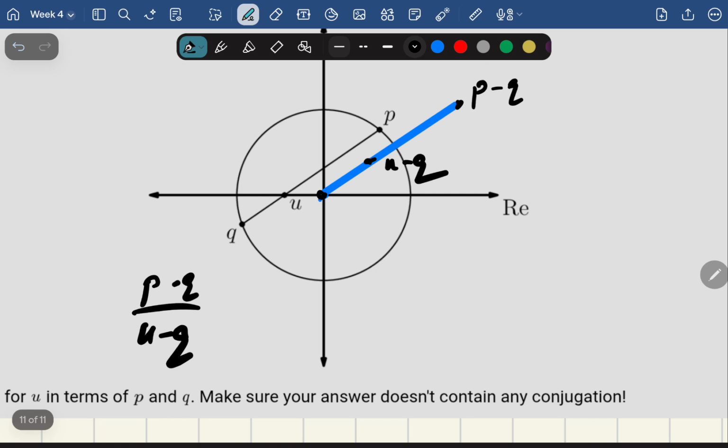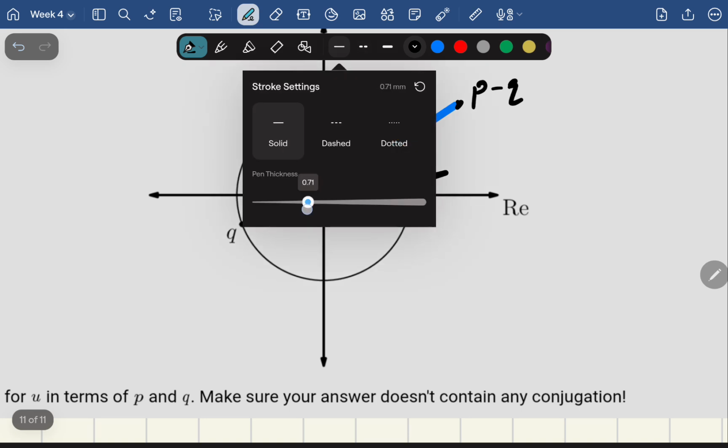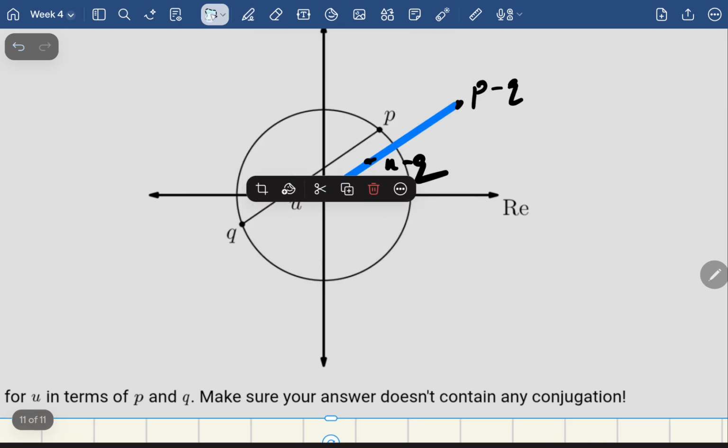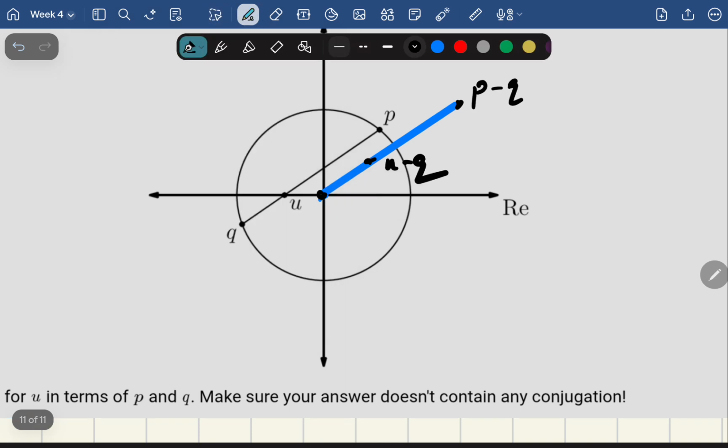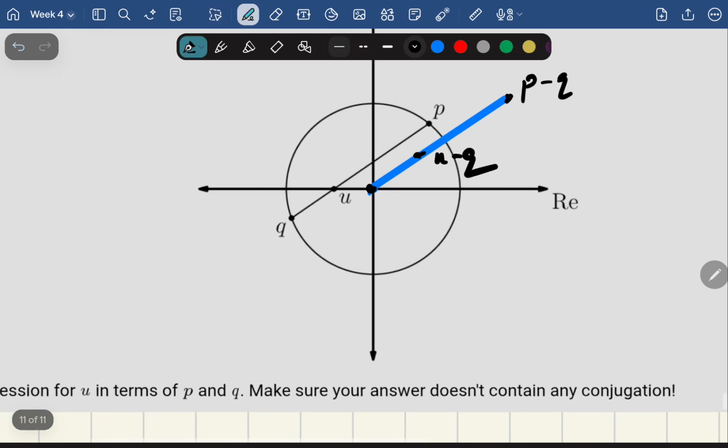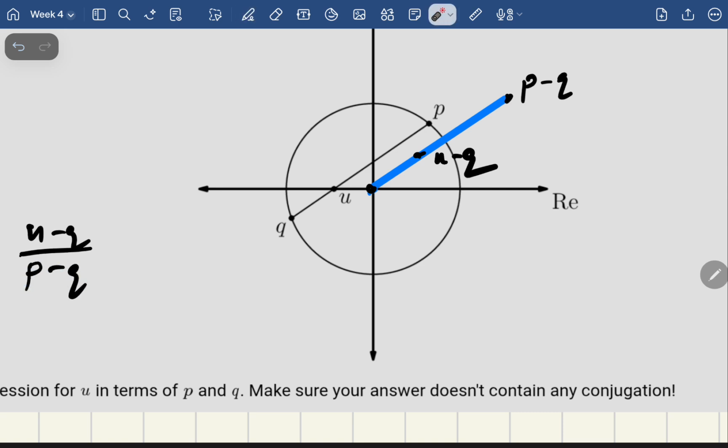Actually, I'm gonna do it the other way. So let me change my pen thickness. Okay, my pen thickness is changed. So U minus Q over P minus Q. This is a real number because it's a dilation.